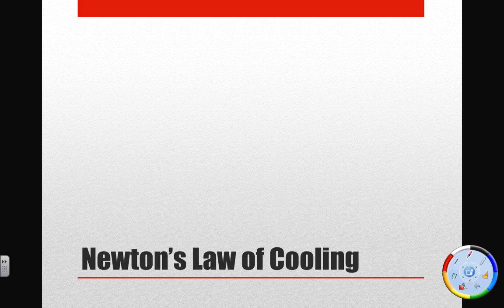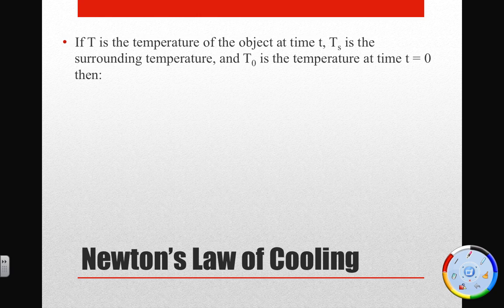Let's finish off here with what we call Newton's law of cooling. Newton gets his name on a lot of things. It looks like a complex equation, but it's really not too hard. If T is the temperature of an object at time t, T sub S is the surrounding temperature, and T sub 0 is the initial temperature, where time equals 0, then we get this somewhat complex equation.